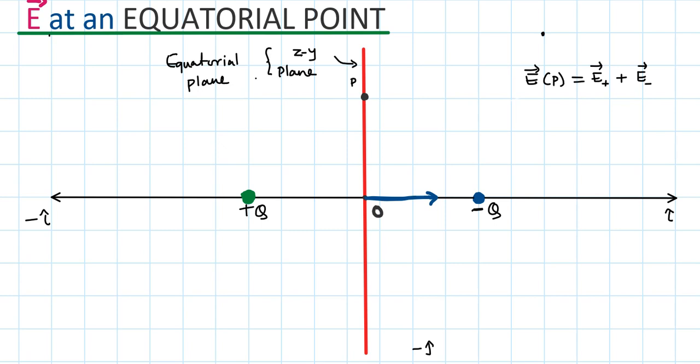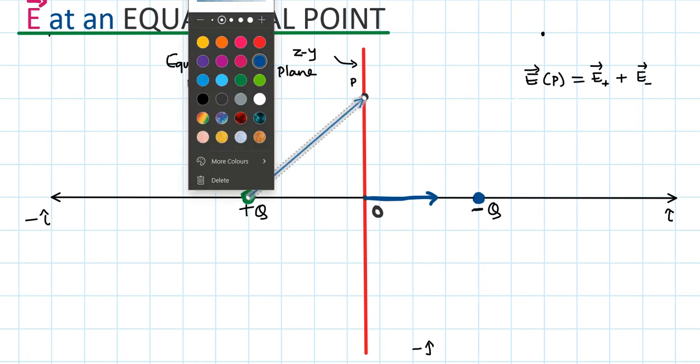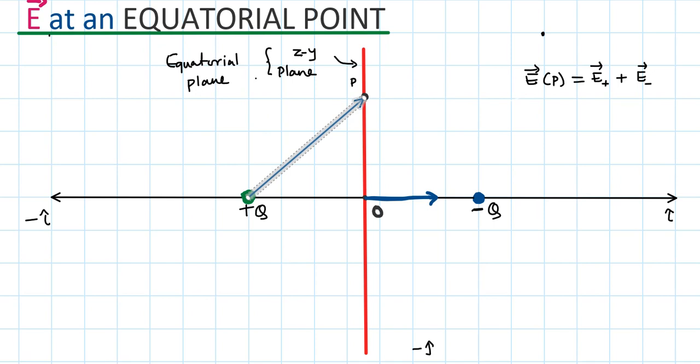Since I had already told you the point P is an equatorial point, the distance it is from either charge will be the same. That means if you measure the distance of the point P from the positive charge, or the distance from the minus Q, it will be the same.